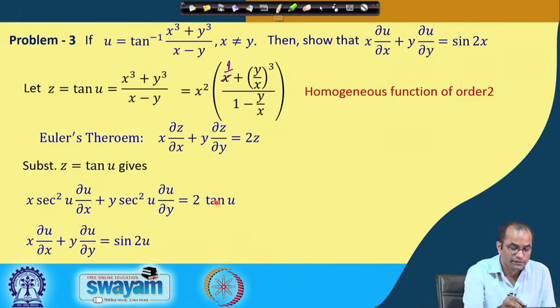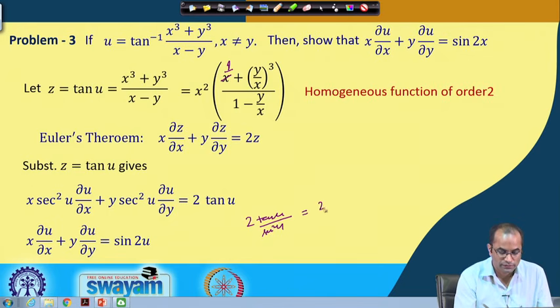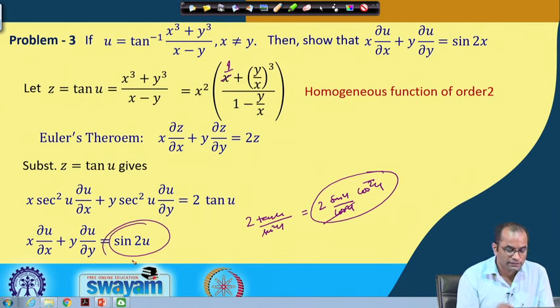Here we have sin u over cos u for tan u, divided by cos square u... wait, multiplied by cos square u. So this gets cancelled, and we have 2 sin u cos u, which is sin 2u.